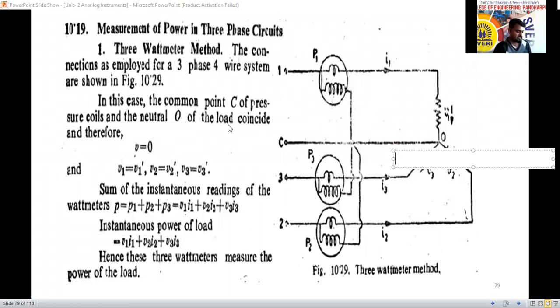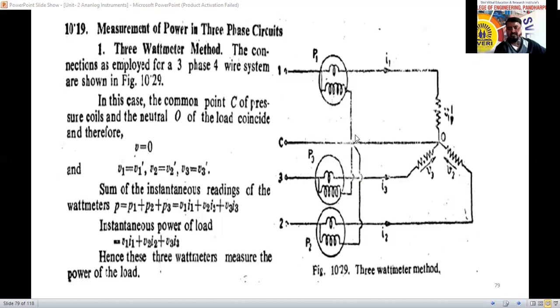So the next method is measurement of power in a 3-phase circuit by using only 2 wattmeters. Instead of these 3 wattmeters, I am going to use only 2 wattmeters. Instead of this common point, I am going to use one phase as common. I will remove the third wattmeter.